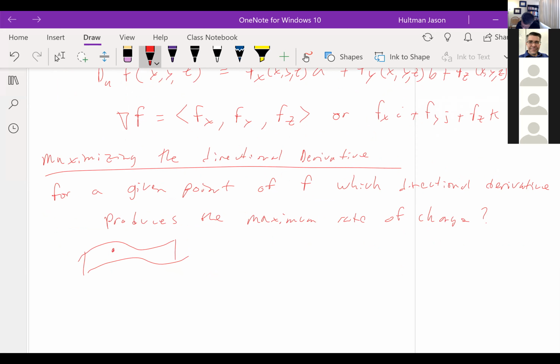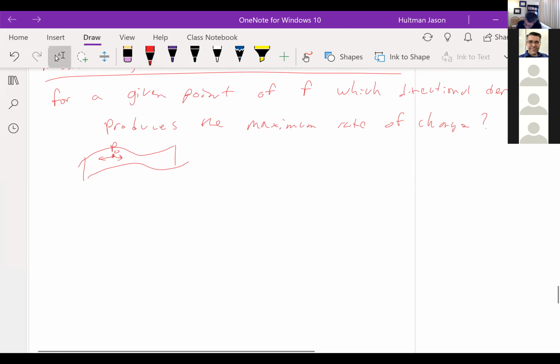This direction may not be as much of a change as maybe this direction. That might produce a faster rate of change. So we want to find out where this is going to create a faster rate at a certain point. We call that P naught. Okay, so here's the theorem.